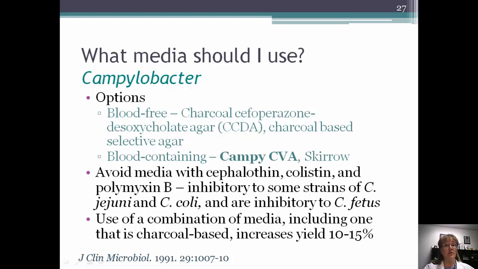Remember, the media that you want to avoid, though, is media that has things like cephalothin, colistin, or polymyxin B, because these antibiotics are inhibitory to some strains of Campylobacter jejuni and Campylobacter coli, and they're definitely inhibitory to Campylobacter fetus. There are also studies out there that show that using a combination of media, including one that's charcoal-based, actually improves your recovery of Campylobacter, so that is an option as well.